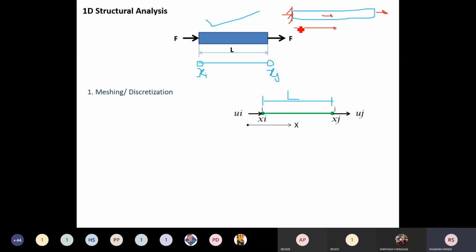Up to here it has one element, and from here to here it has one element. Before application of the force, you write the stiffness matrix for these elements, you write the global stiffness matrix, you write the finite element equation.